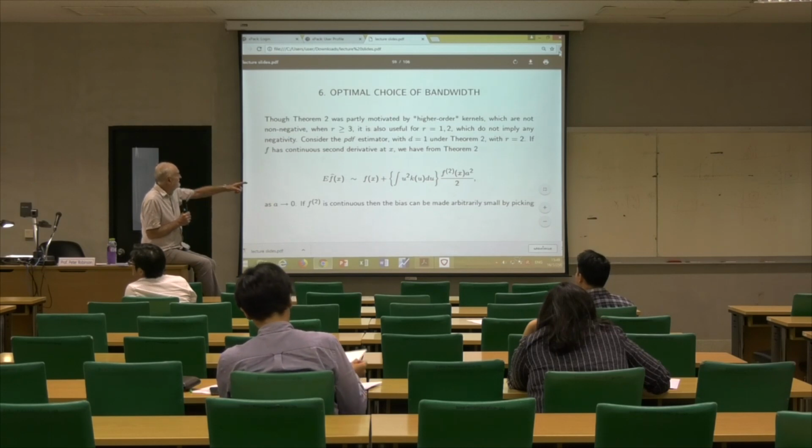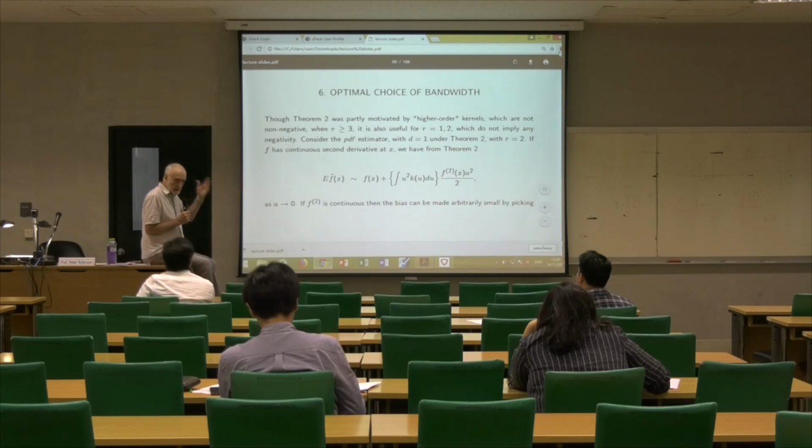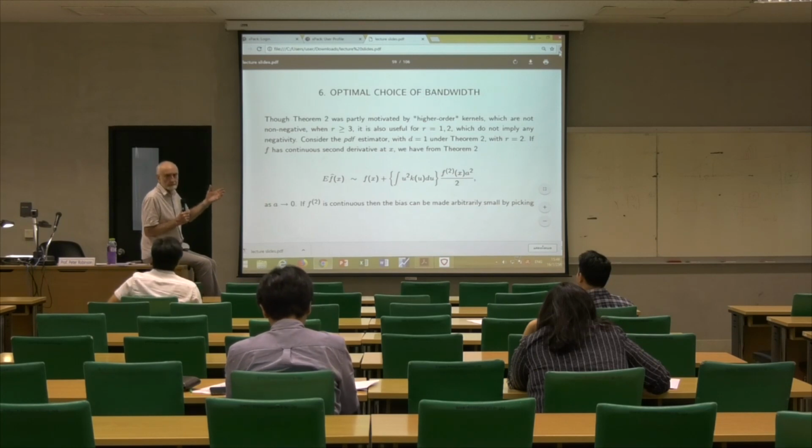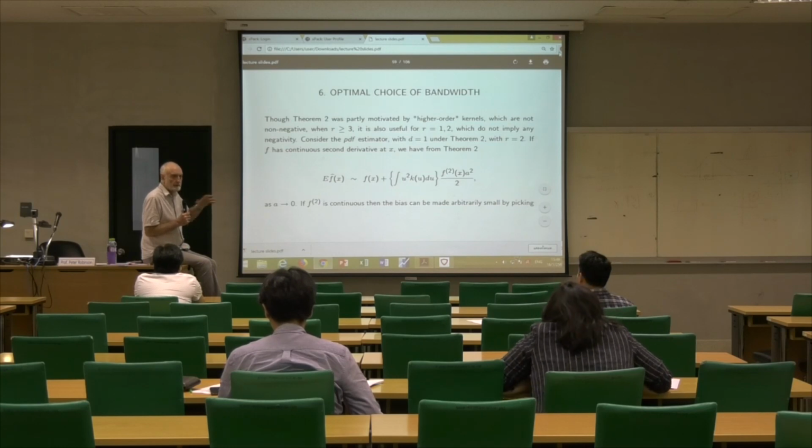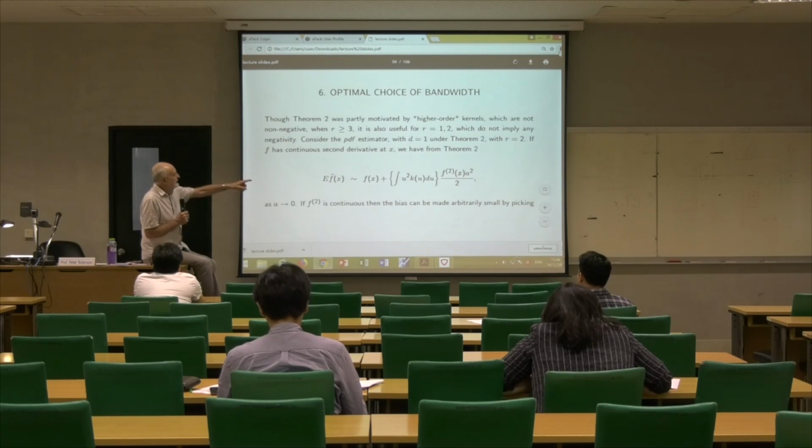So, to be a bit more precise than in that result, for the scalar density estimate, and again, I'm just going to look at this for the simplest possible setting, because similar principles apply more generally, but we don't want to clutter things up too much. It's like a Taylor expansion kind of thing, an approximation.